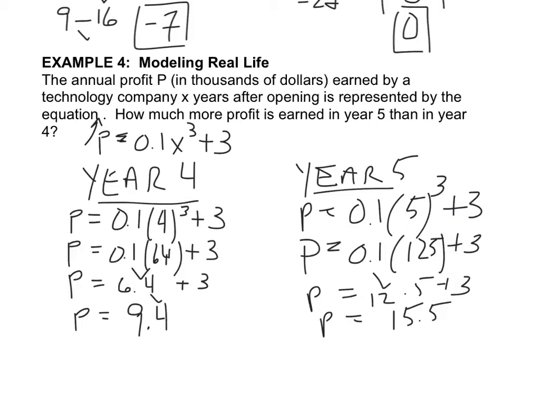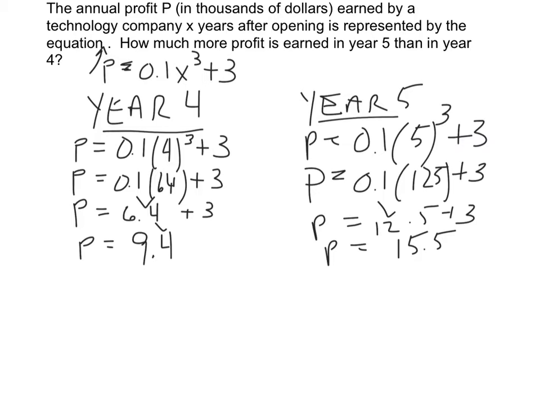So again, what do these numbers mean? Well, way back up at the top, we were told that the P is in thousands of dollars. So we have to work this out and finalize this answer. So really, we aren't making a profit of $9.4. We're making a profit of $9,400 for year 4 and $15,500 for year 5.